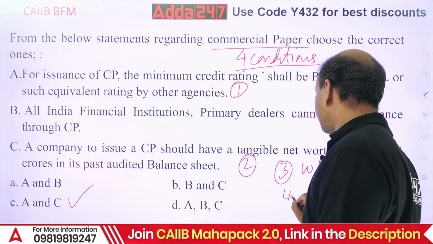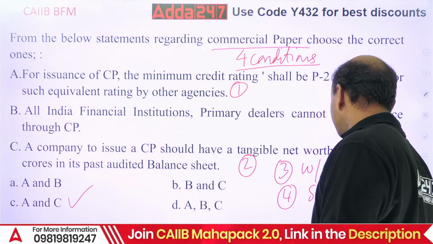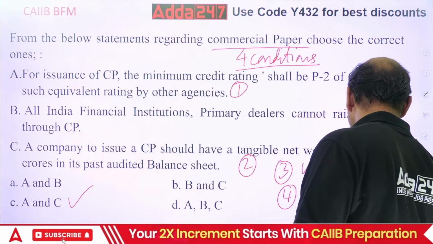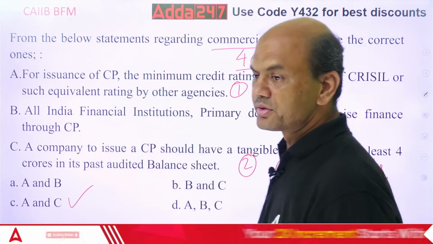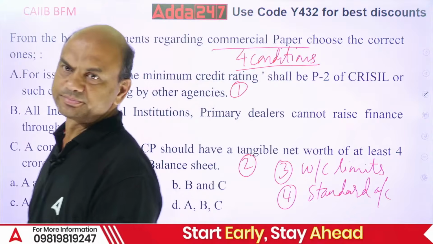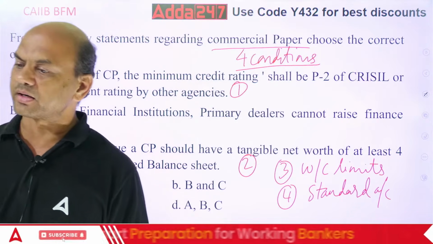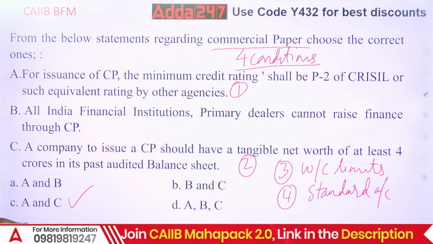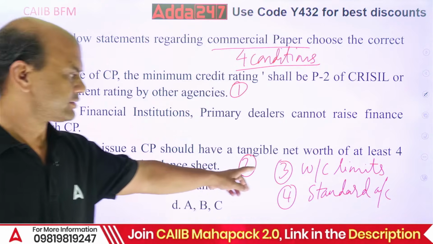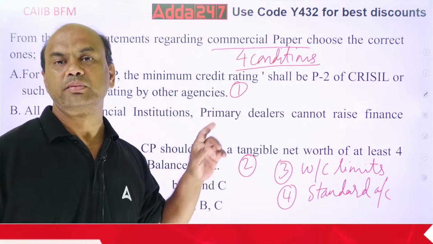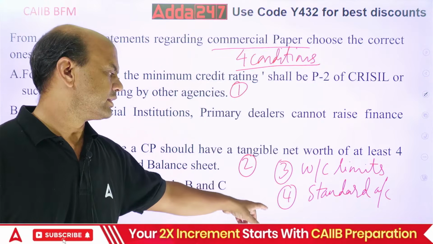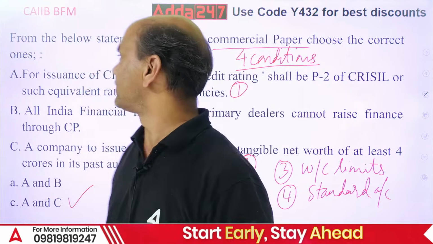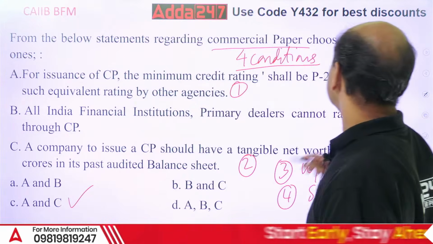And number 4, it should be a standard account. So these are the 4 conditions. Got it? So the answer is C over here. But the remaining 2 conditions are these. The customer should be sanctioned WC limits and it should be a standard account. Got it, everyone? So next.